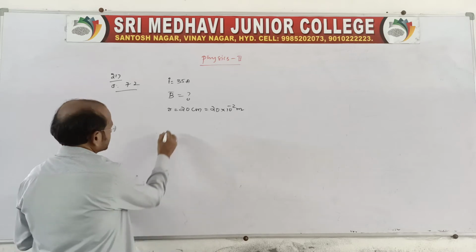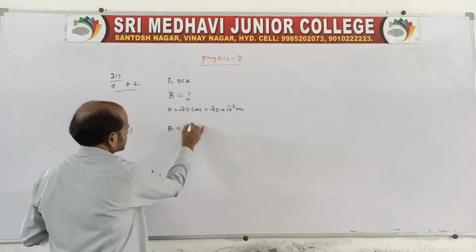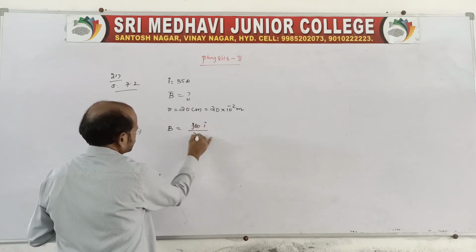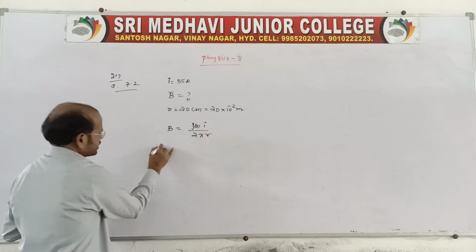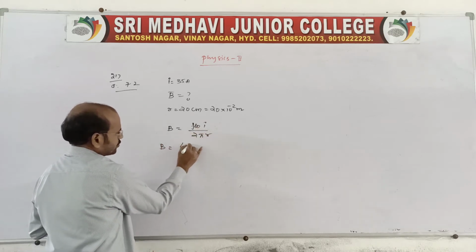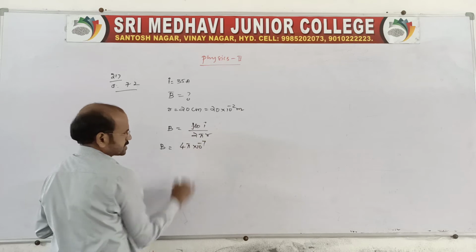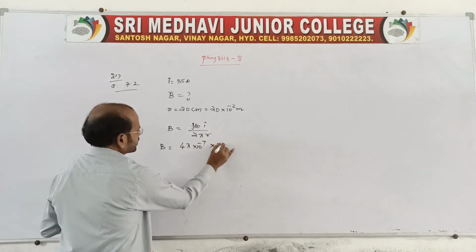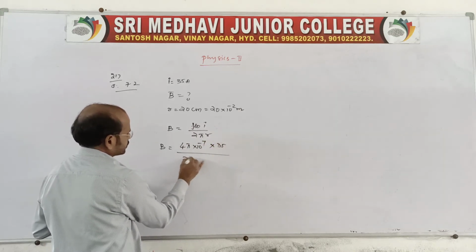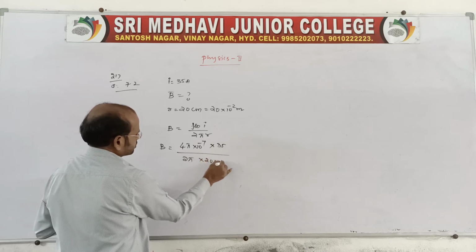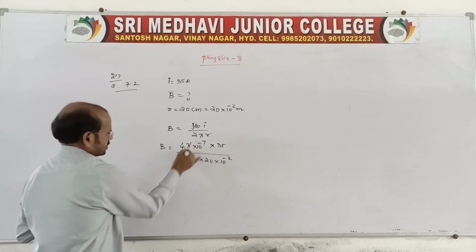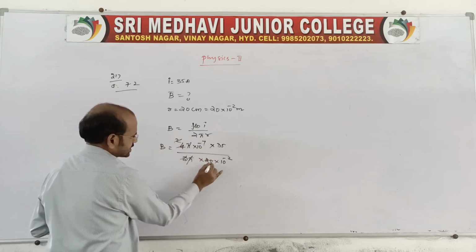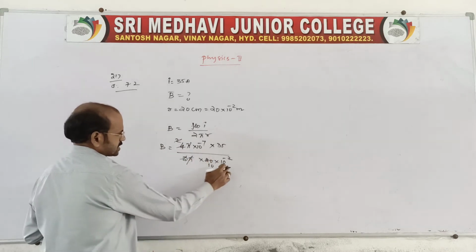Now it is asking for B. It is a straight current carrying conductor, so B is mu naught I by 2 pi r. B is equal to mu naught, which we know is 4 pi into 10 power minus 7, times current 35 ampere, by 2 pi into 20 into 10 power minus 2. The pi cancels, the 2 ones and 2 tens cancel, so it is 10 power minus 3.